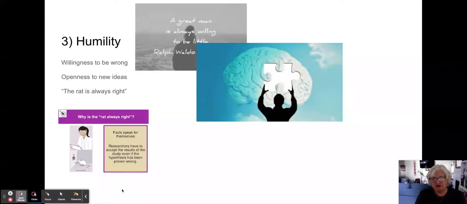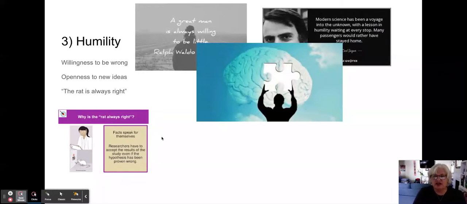So let's go back to our original question: do we only use 10% of our brain? Sorry, I have some quotes on here. I forgot about that. Ralph Waldo Emerson, a great poet and a great American writer, wrote, a great man is always willing to be little. Love that quote. And Carl Sagan is one of my favorite scientists in the world.